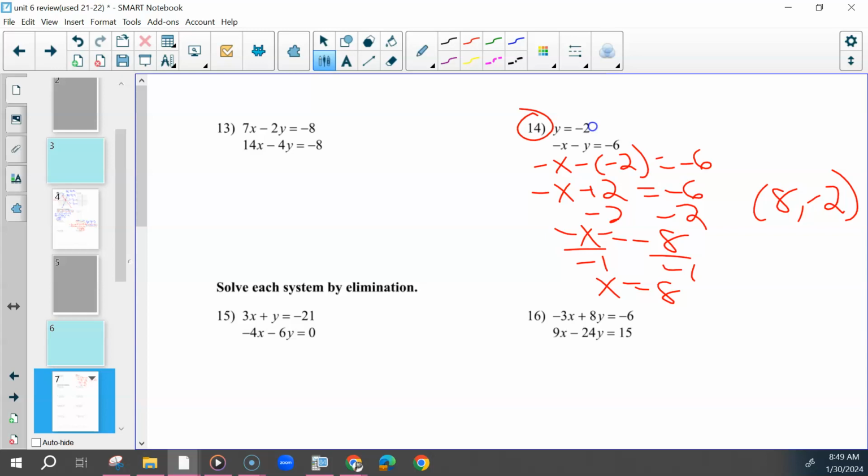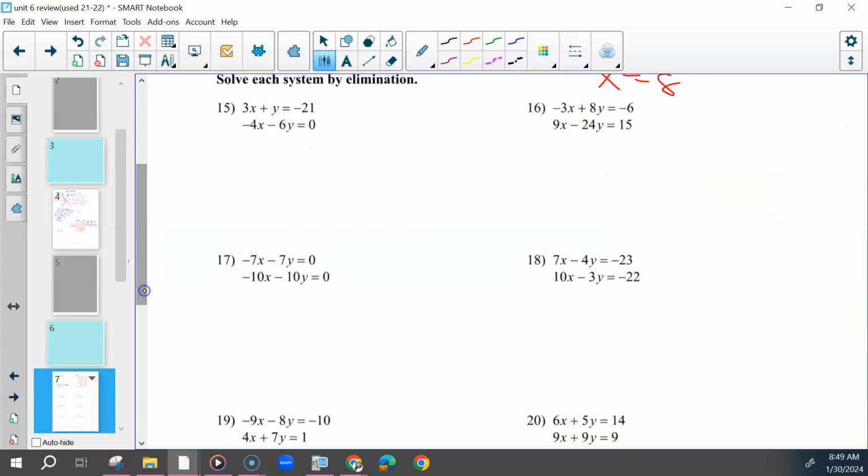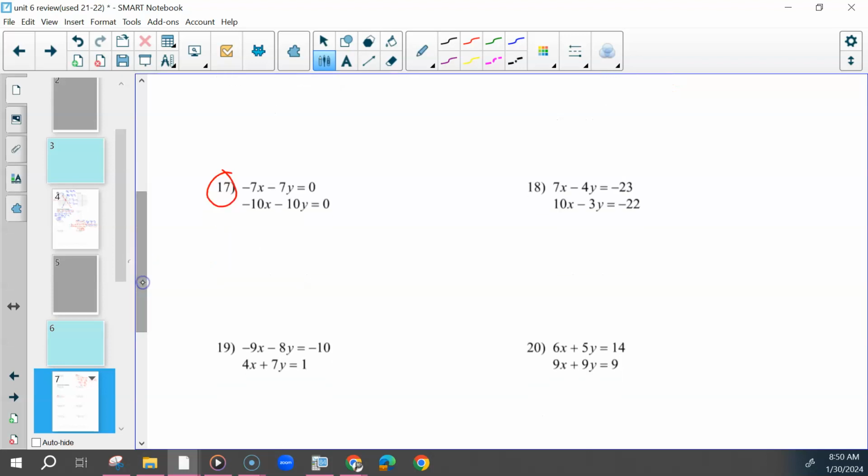Elimination problems. What elimination problems do we have? Questions. We'll start with that one. With elimination, remember that you're trying to get, if they're not already, the coefficients to be the same.